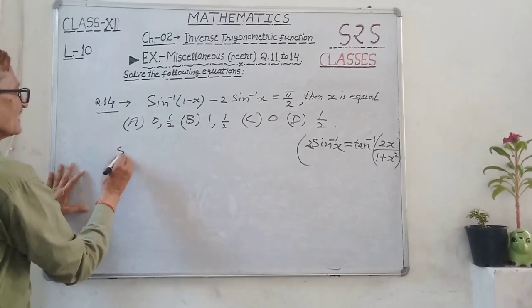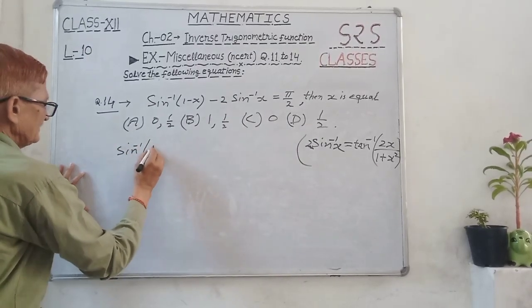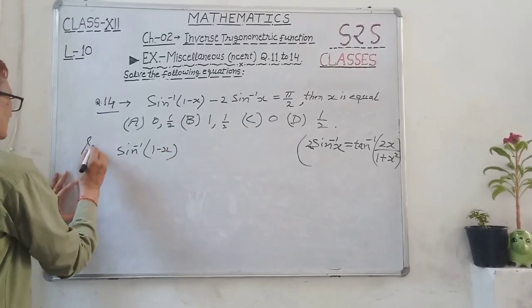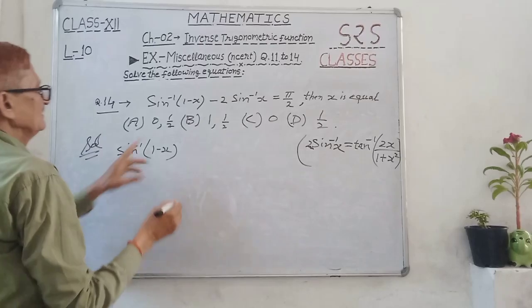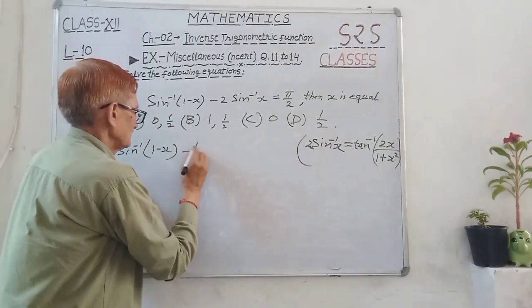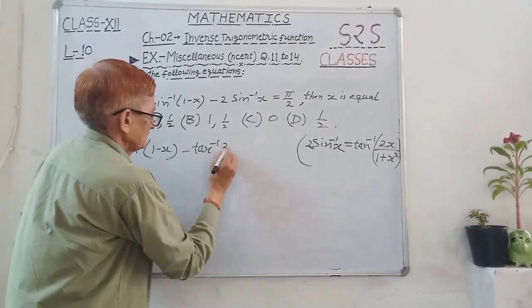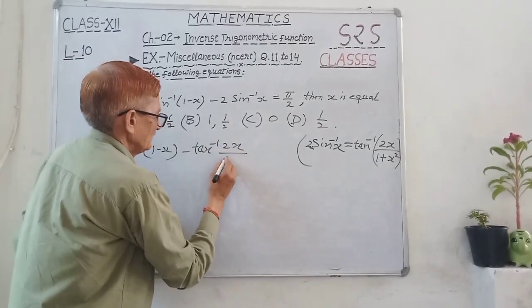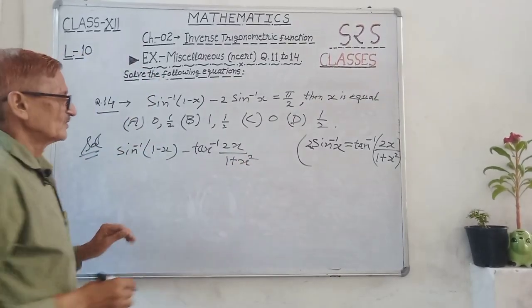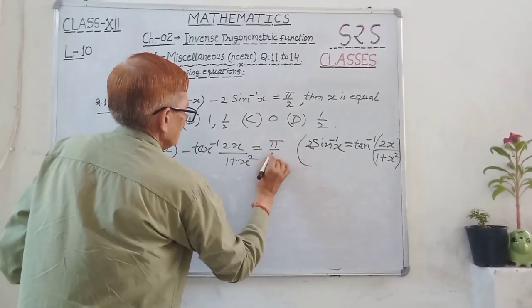Now the solution: sin inverse (1 minus x) minus 2 sin inverse x, by the formula, is minus tan inverse 2x upon 1 plus x square, equal to pi by 2.